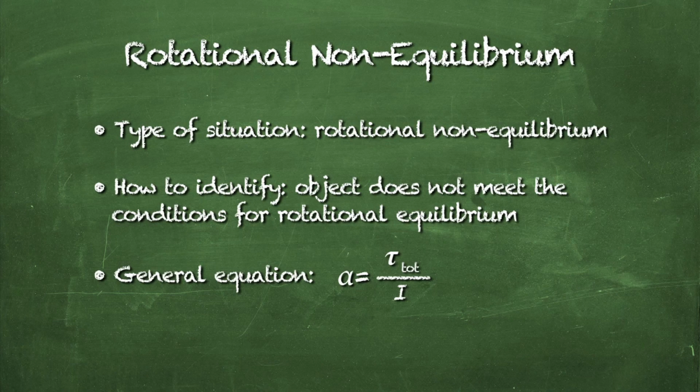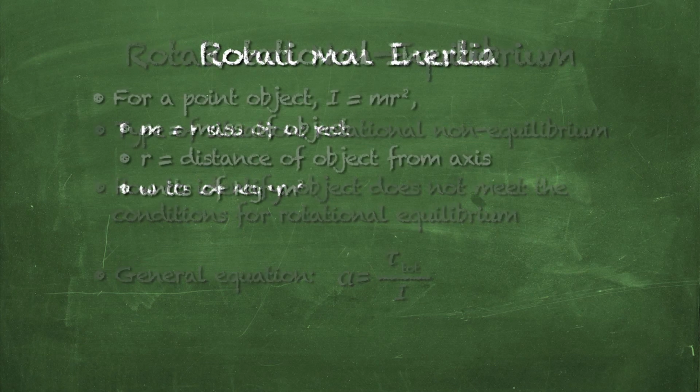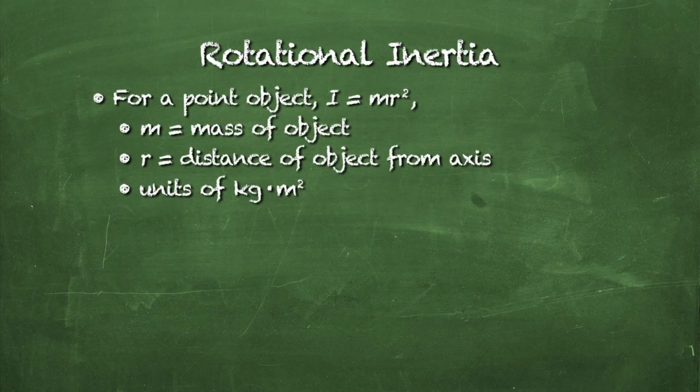Now, what is that rotational inertia? We have to calculate rotational inertia. For a single point object, for a single mass, the rotational inertia of that mass is equal to the object's mass times the distance that it is from the axis of rotation.